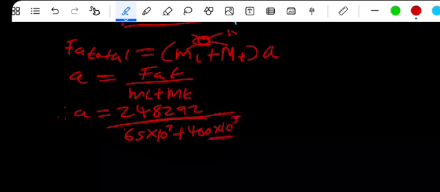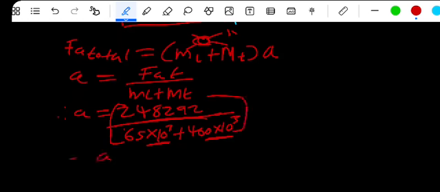Convert this, it must be in kgs. So let me punch this and see what I will have. Let me just use fraction and divide 248,292 by 65 plus 400 times 10 to the power of 3.